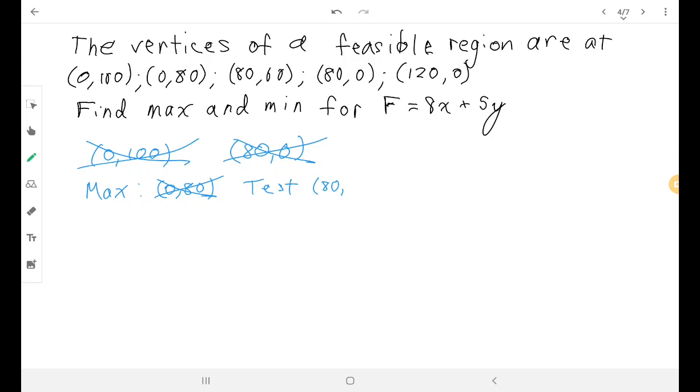So I have to test 80, 60, and I have to test 120, 0.